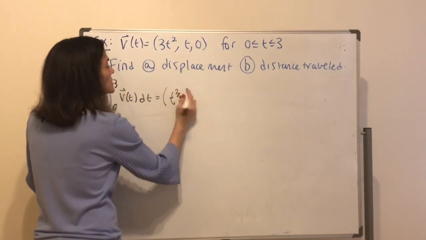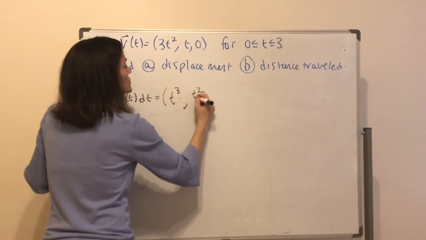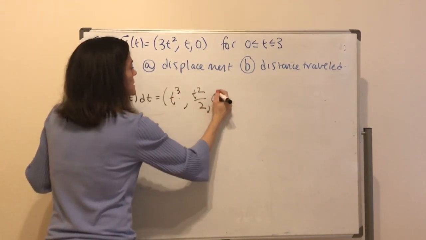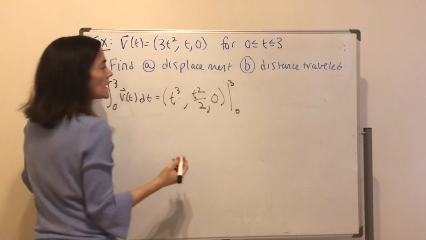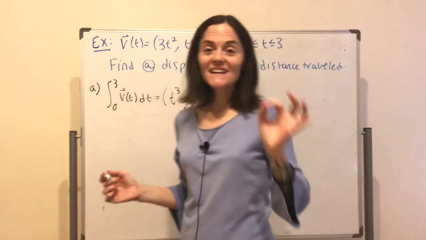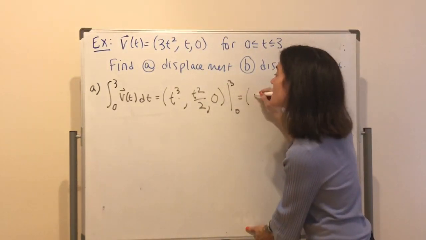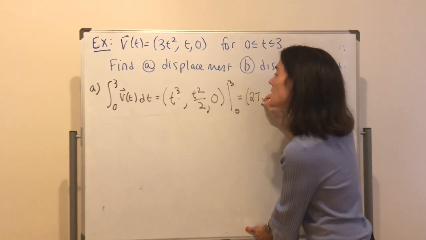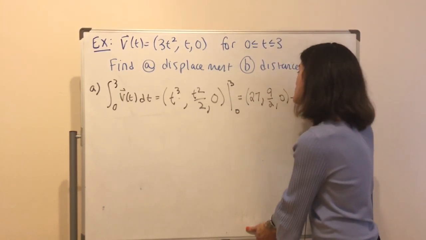This is t cubed. This is t squared over 2. And this is 0. Then you evaluate between 0 and 3. Now, this is vector subtraction, which is component-wise. So I evaluate at the upper limit, 27. Evaluate at the lower limit, 9/2. Then we have 0. Then we subtract.